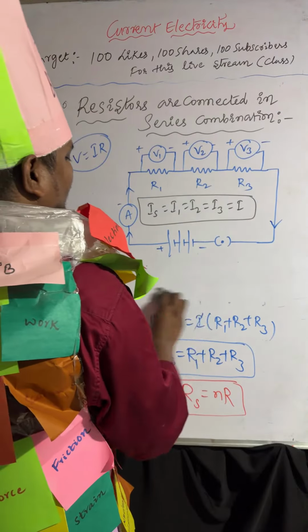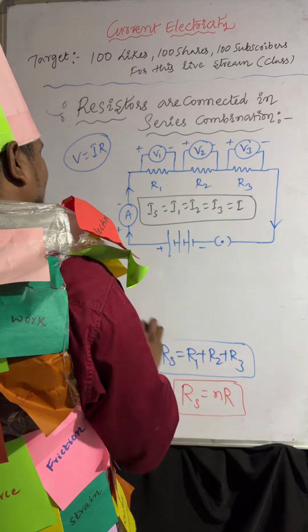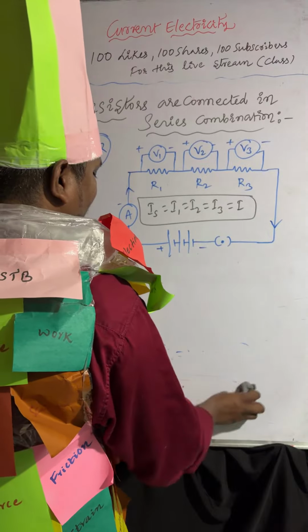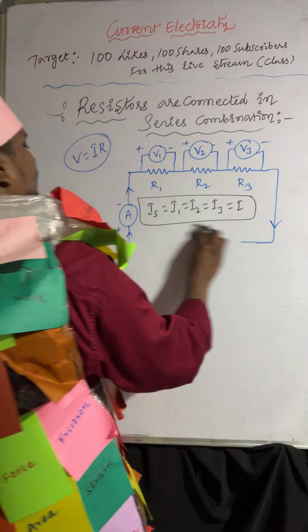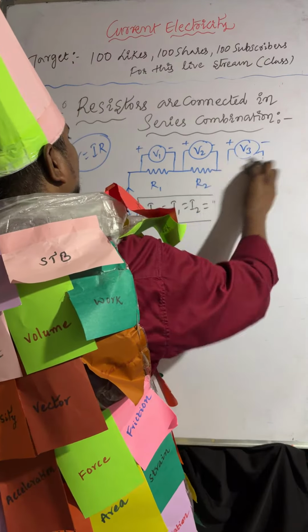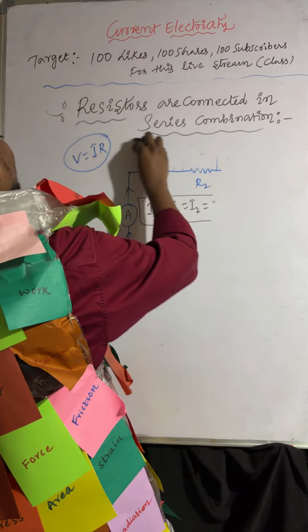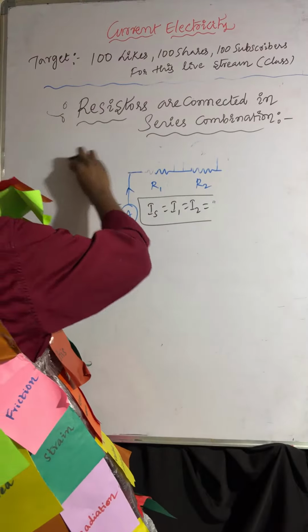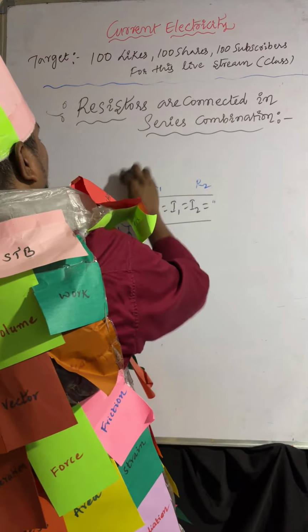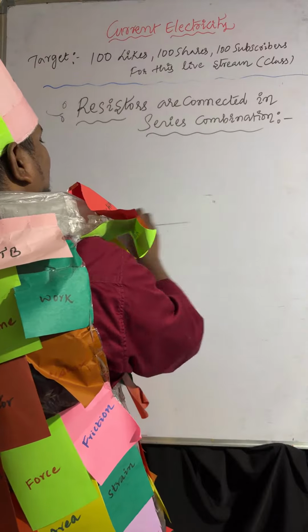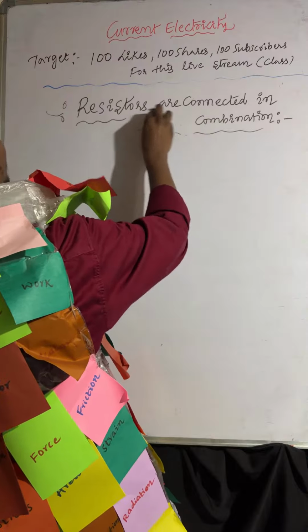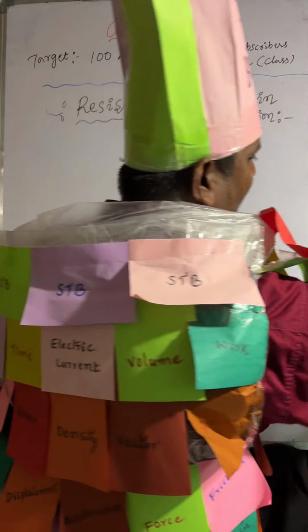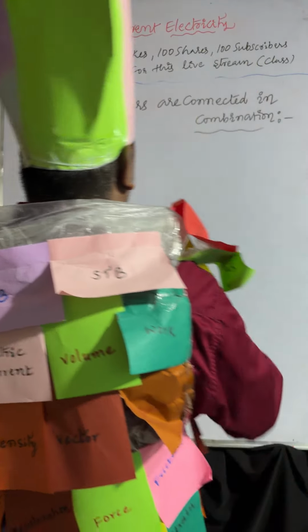Now we'll discuss n number of resistors connected in parallel combination. Let's start here. So parallel combination.